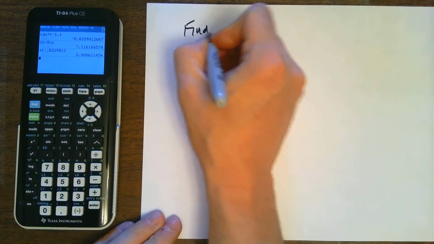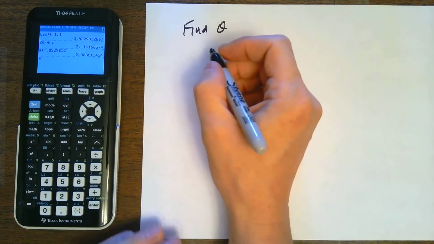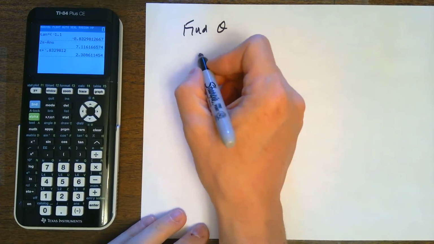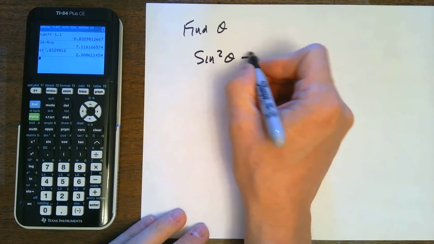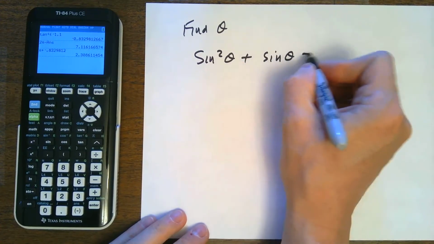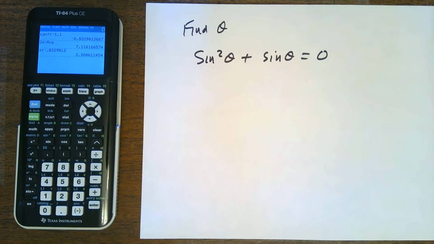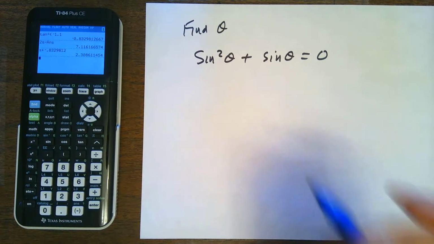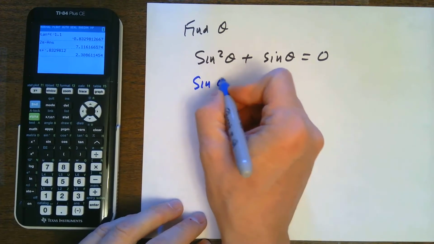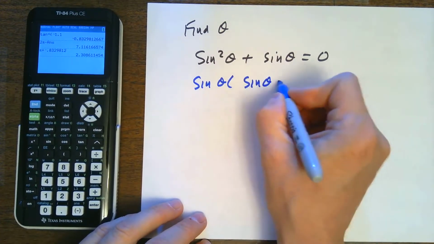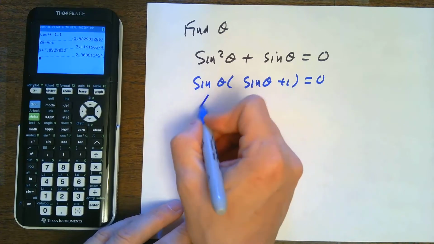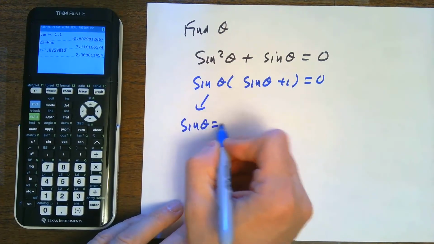All right. Let's take a look at something else that might be a little bit trickier. Suppose I want to find theta, and I tell you that sine squared theta plus the sine of theta is equal to 0. Here I'm going to factor out a sine of theta and set each factor equal to 0.